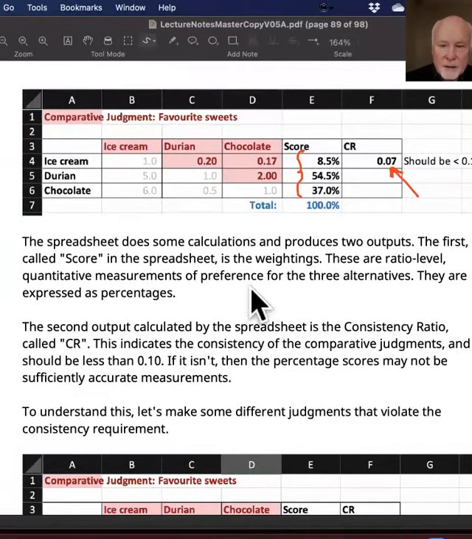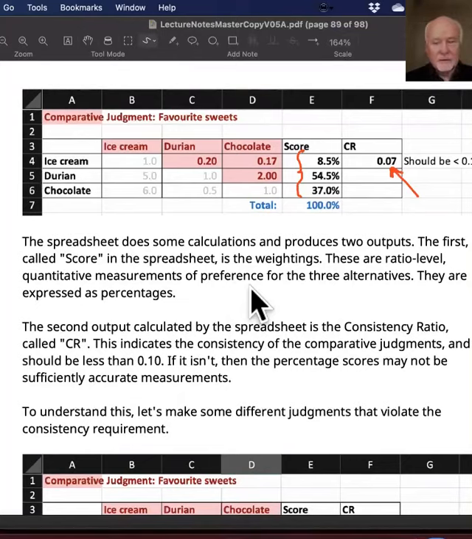Now the way this works in practice is you do your ratings, you work out your scores and put them in the spreadsheet, and then hopefully you'll get a number which is less than 0.1. 0.1 is the threshold for acceptably consistent or not acceptably consistent.